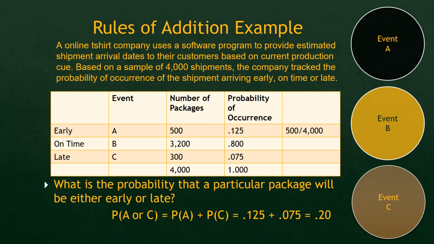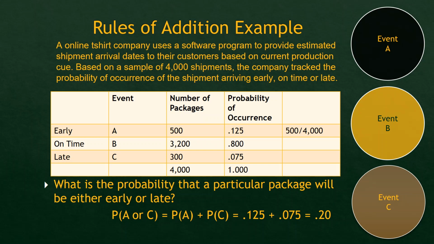And then the probability of occurrence. In order to determine probability, you divide the occurrences by the total. We're essentially creating a frequency distribution here, and this frequency distribution gives you the probability of occurrence that you are going to generalize to the future population.